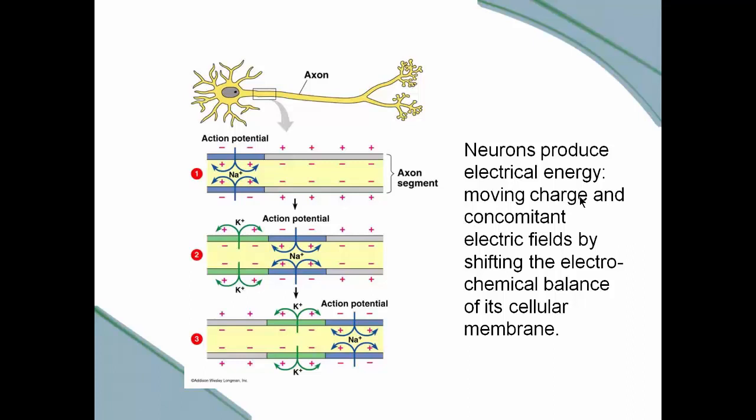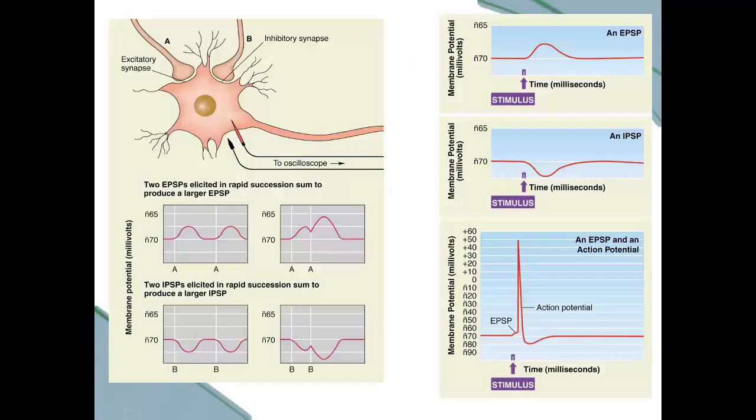Remember that it is the goal of nature to reach equilibrium, and so this imbalance sends out this wave down the length of the neuron. That wave is called an action potential, and so anytime we have a moving charge, something amazing happens.